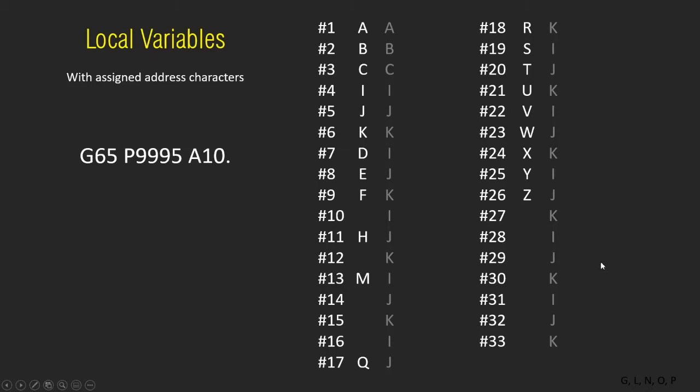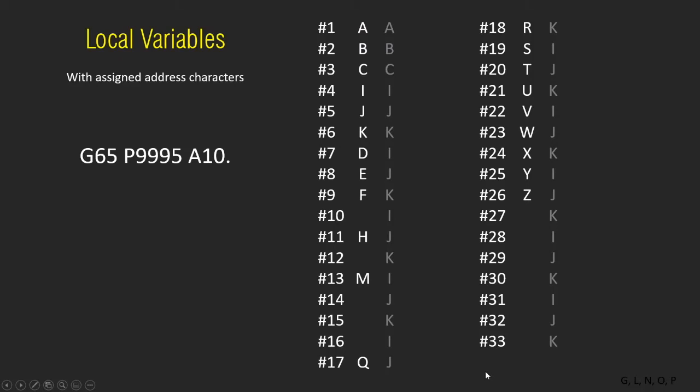So I've got this chart up here, and you can find this in your machine manual. And I'm really primarily concerned with what I have highlighted here. So you see that I have virtually every letter represented here. I have all these variables, and you see that I have some that go beyond what the alphabet goes.